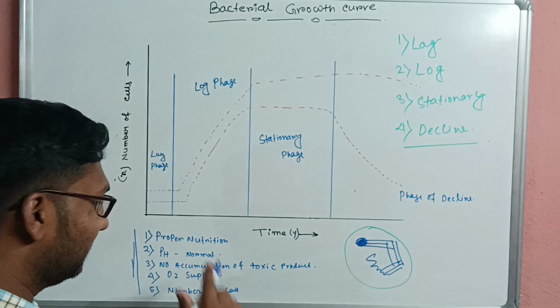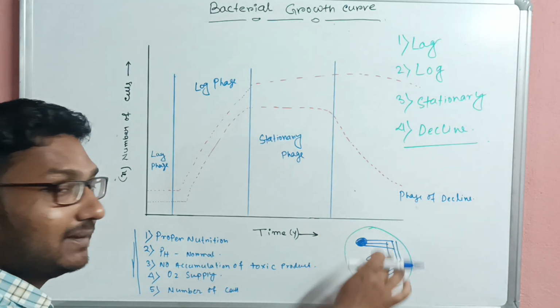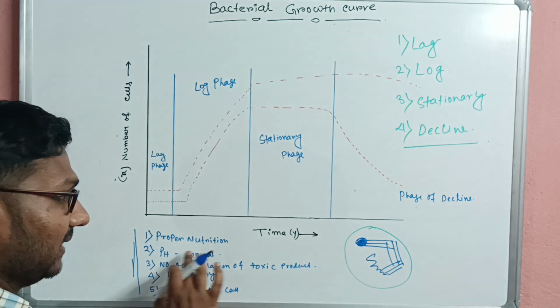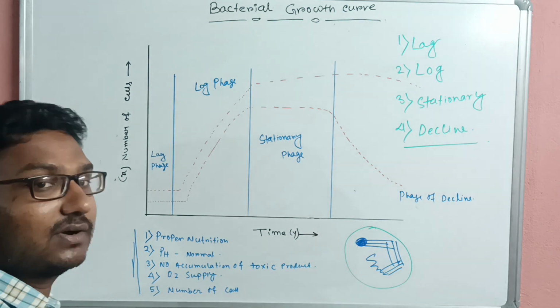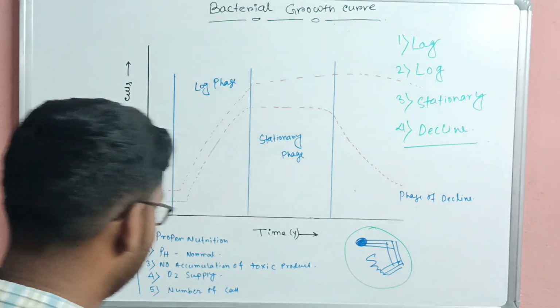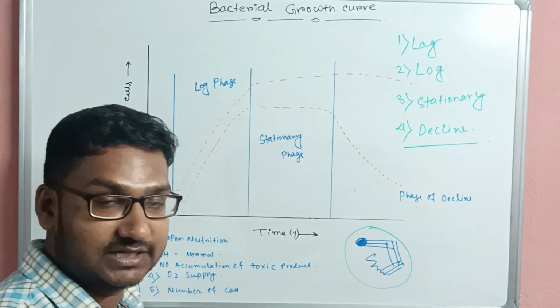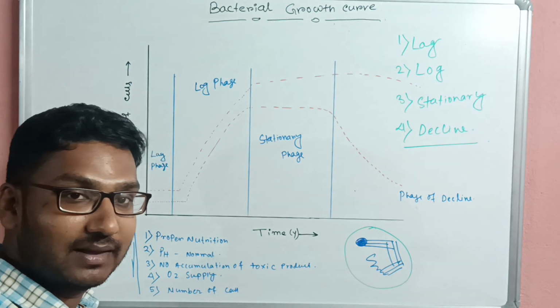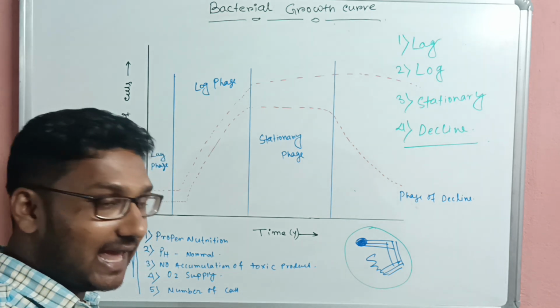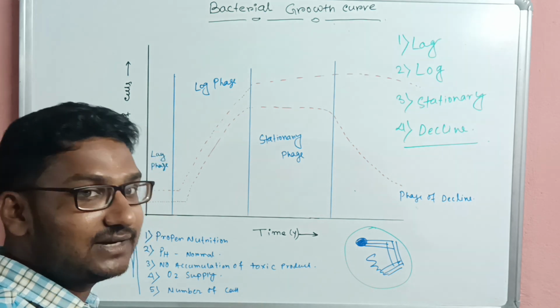media. So at first proper nutrition is present in that media. Normal pH, the pH is not changed, not acidic or alkaline. Another one is no accumulation of toxic product. Still bacteria have never grown, so bacteria never accumulate any toxic material, not release any toxic material.